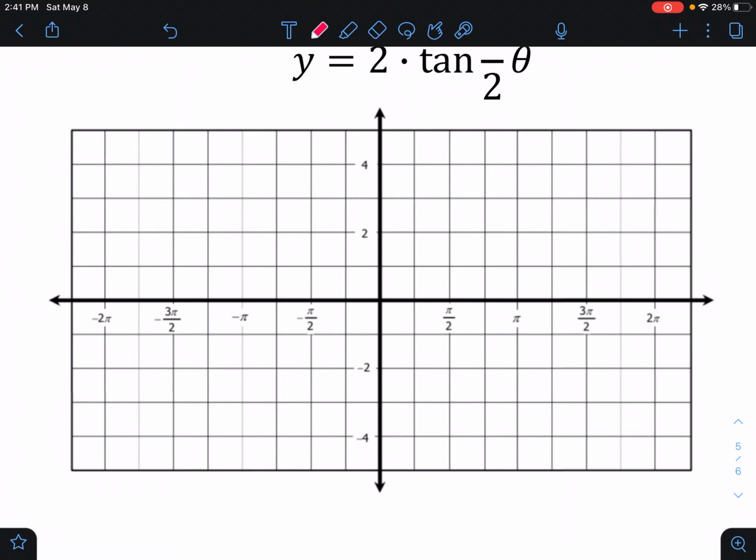So that means it's going to be right here at pi. Oh, that's a little off. I'll try this again. That's a little better. Okay, and then I'm just going to make it dashed.